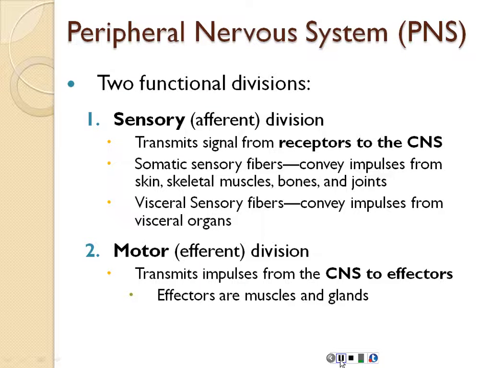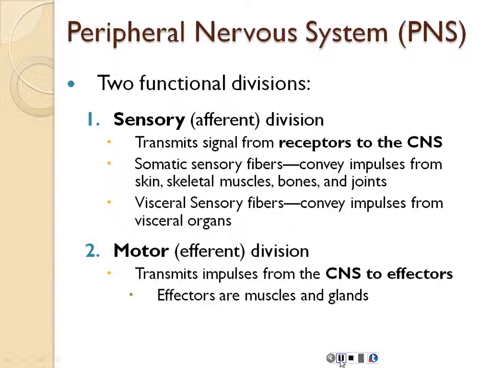Okay, everybody get that? So the two major divisions of the PNS, again, we're talking about nerves. A set of nerves carry a signal from CNS to effector. Another set carries a signal from receptor to the CNS. And you should know what that is. So if I give you a similar type test on Tuesday, I'm going to have some of this in there. Okay, which division carries a signal from the receptor to the spinal cord?